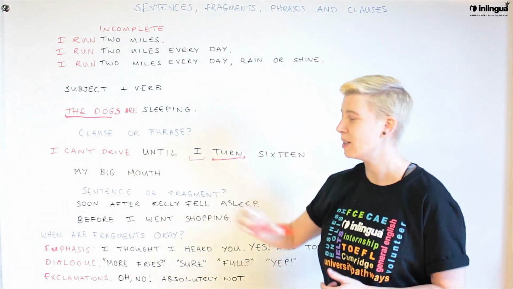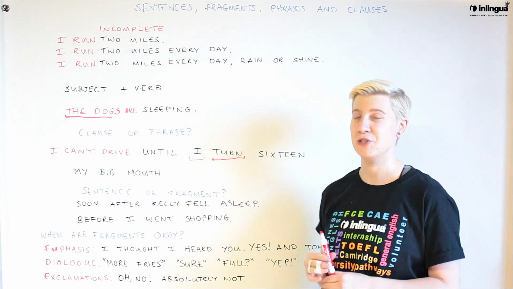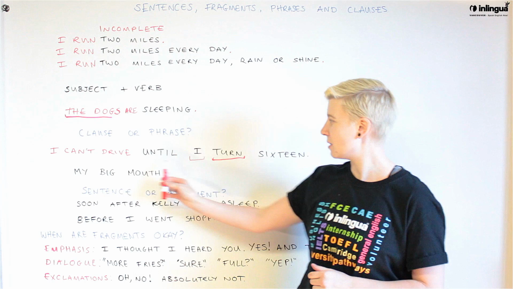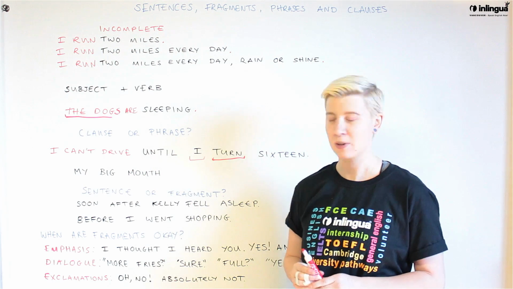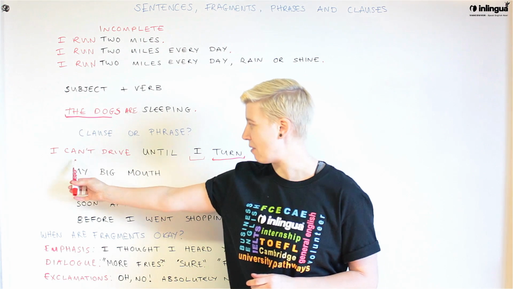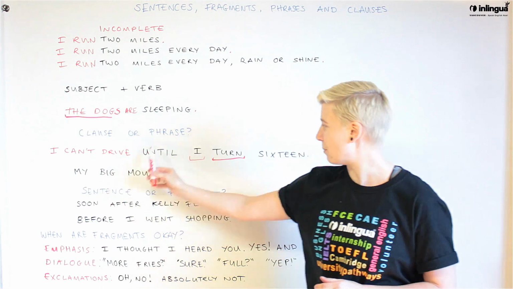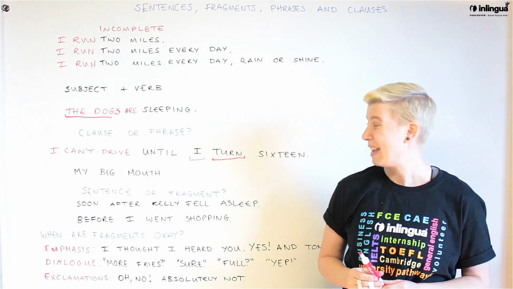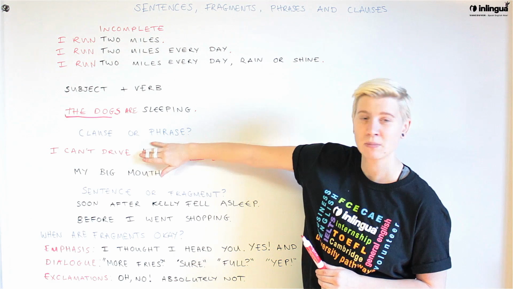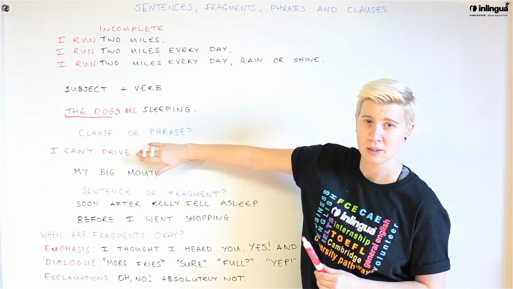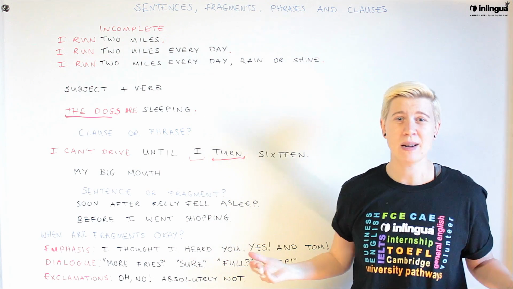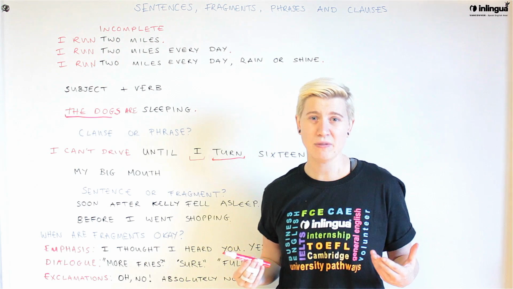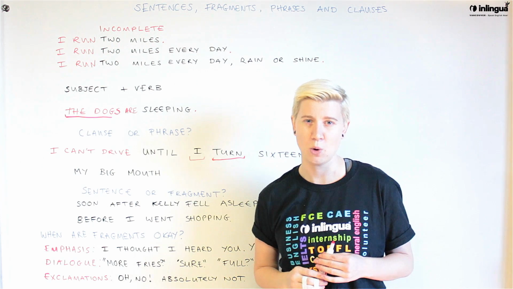Here we go. I can't drive until I turn 16. Period. Now this is a complete sentence. Okay? We have subject, we have a verb, we have an object. Then we have this clause that gives much more information. If I take away this clause, I can't drive, then I'm just saying I don't have the ability, and that's not true. Okay? Maybe the person can drive, but is not allowed by the law.